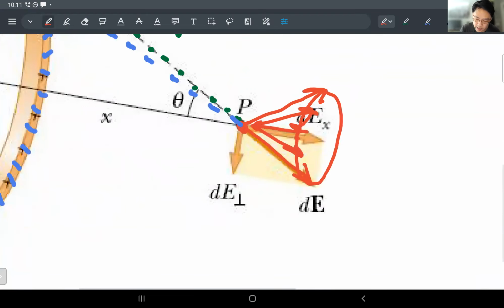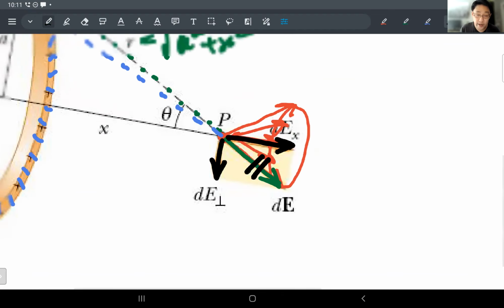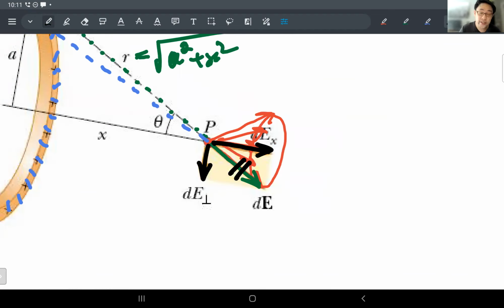Look at one particular dE, like the first one that we drew. I can break this into a perpendicular direction and a horizontal direction, so I can throw away the original. If you keep breaking all of those vectors on the side surface of the cone into two components, what will you get, guys?